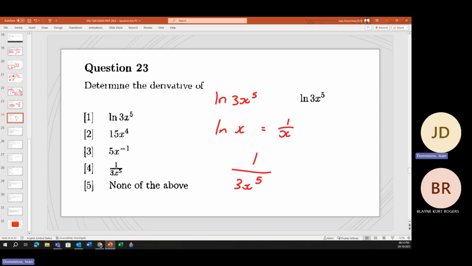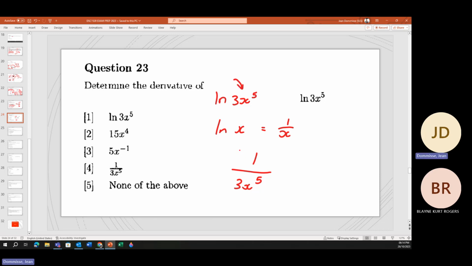And then I'm like, okay, but then we also, if we look at, oh, what is that? The other rule, the power rule.